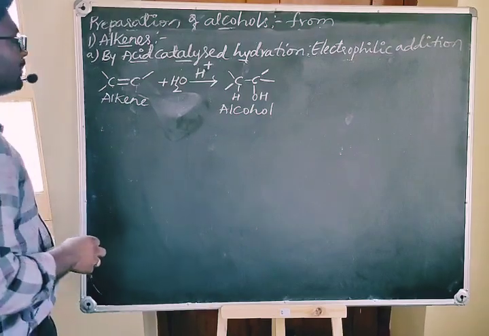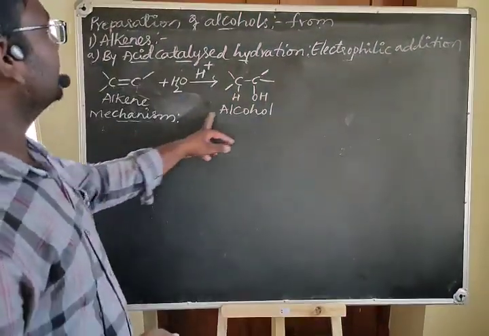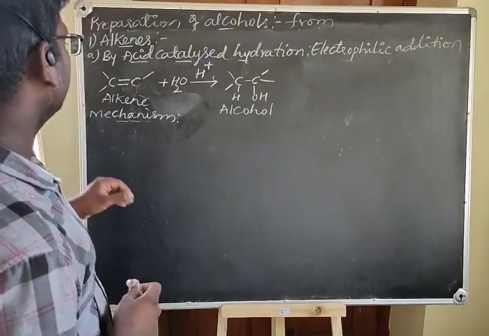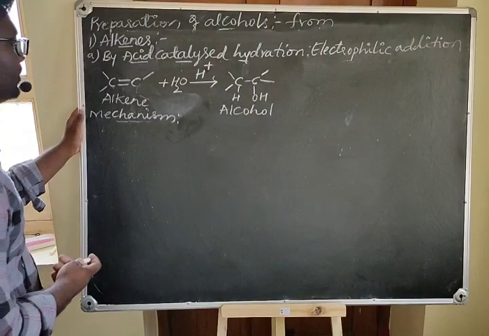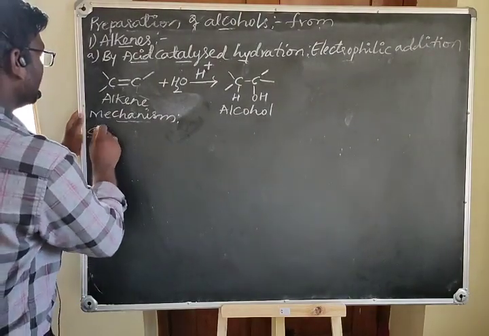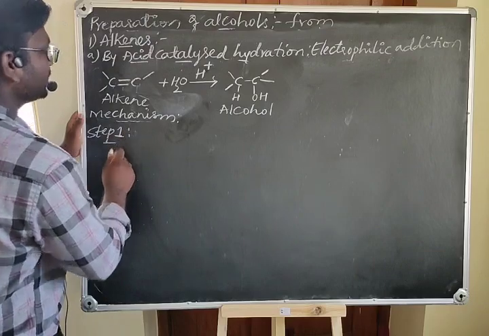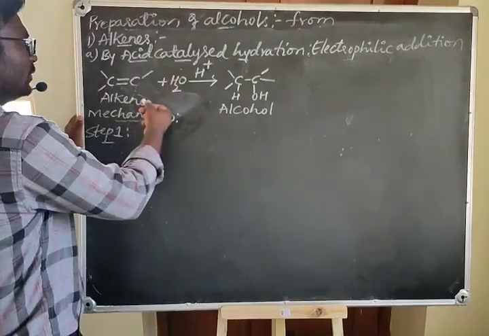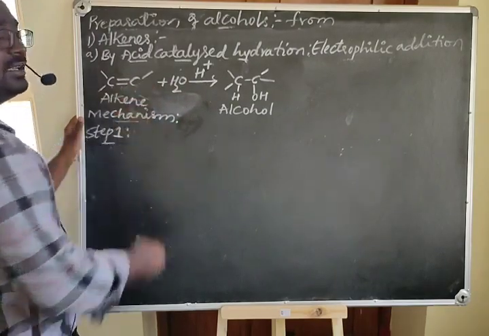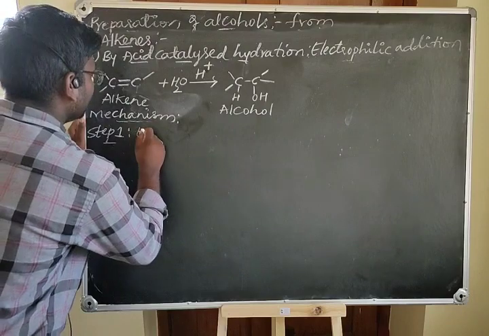Let's see the mechanism of this reaction. It is very important, and it is very important for the annual examination also. It involves 3 steps, and step 1 is electrophilic addition. So what is attacking first? The electrophile is attacking on the double bond.